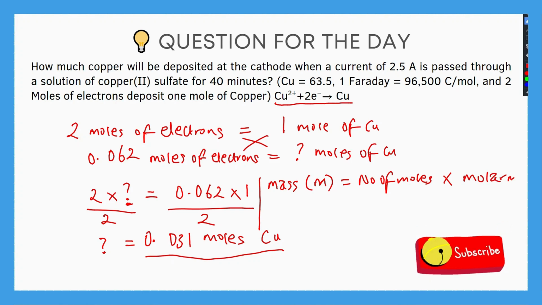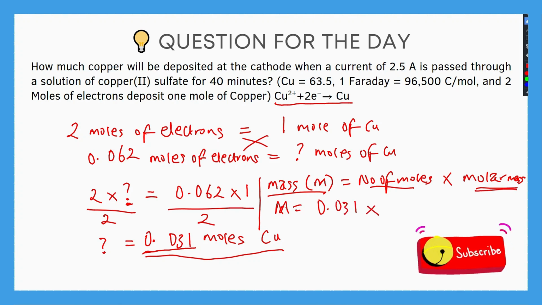So now we have the number of moles and we have the molar mass. Let's calculate the mass of copper produced. M is equal to the number of moles, which we calculated to be 0.031, times the molar mass of copper, 63.5.